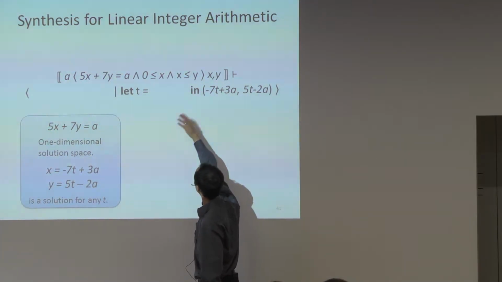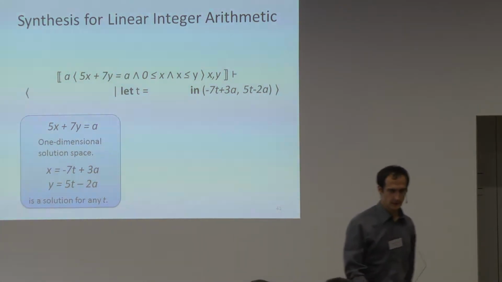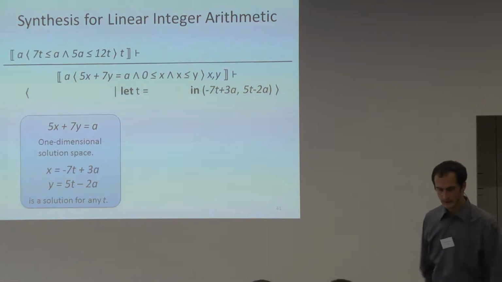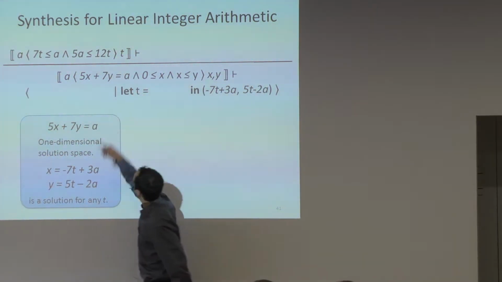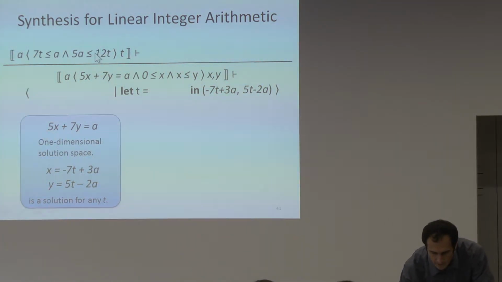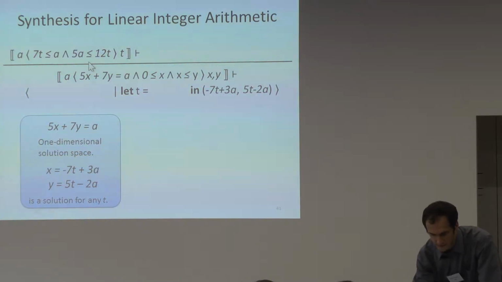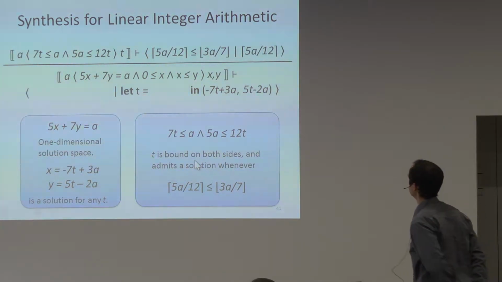It says that t will be equal to something that we'll compute, and then we'll compute x and y in this way. And then we substitute back the definition of x and y into the constraint, and we get the other constraint over there. So it reduces to 7t less than or equal to a, and 5a less than or equal to 12t. And this is now a set of constraints that have lower and upper bounds, and we can take, for example, in this case, one of the bounds, so the lower bound.